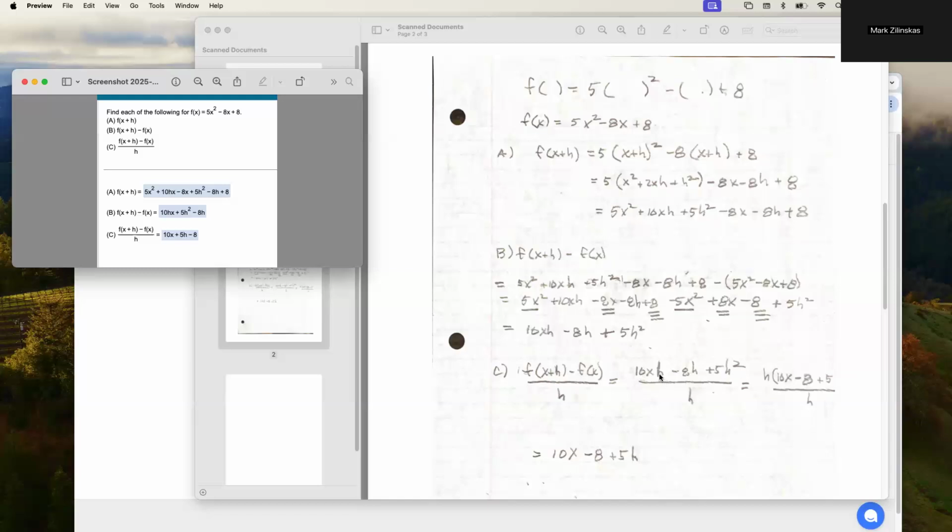So when I factor out the h, I leave behind a 10x, a negative 8, and a 5h. Okay, so again, there should be an h right here, and a close parenthesis, it just fell off the sheet here. Well, those h's cancel out, and that leaves me with a 10x, a negative 8, and again, like I said, should be a 5h written right there, and that's what we end up with.